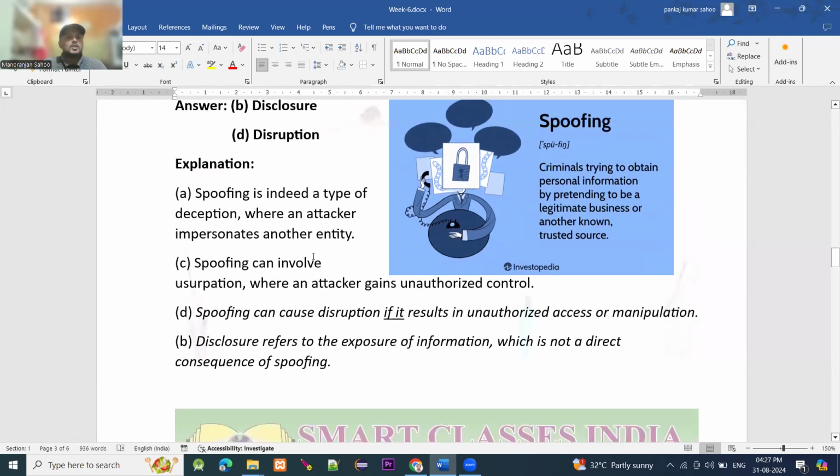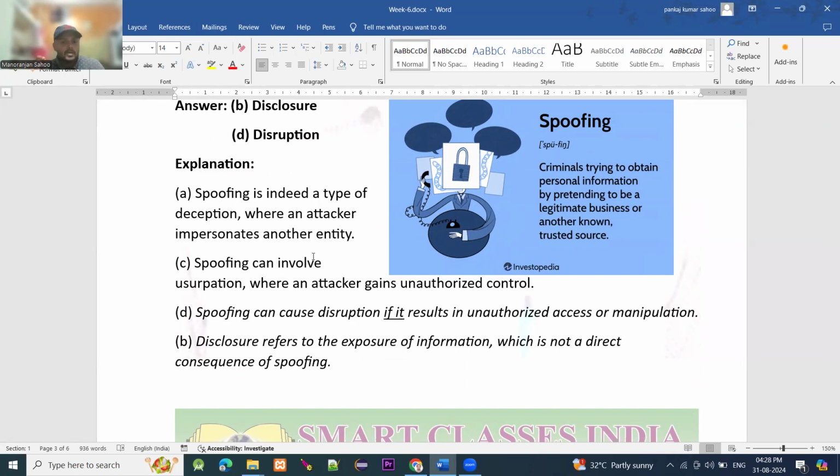What is spoofing? Spoofing is a type of deception where an attacker impersonates another entity. Spoofing can involve usurpation, where an attacker gains unauthorized control.